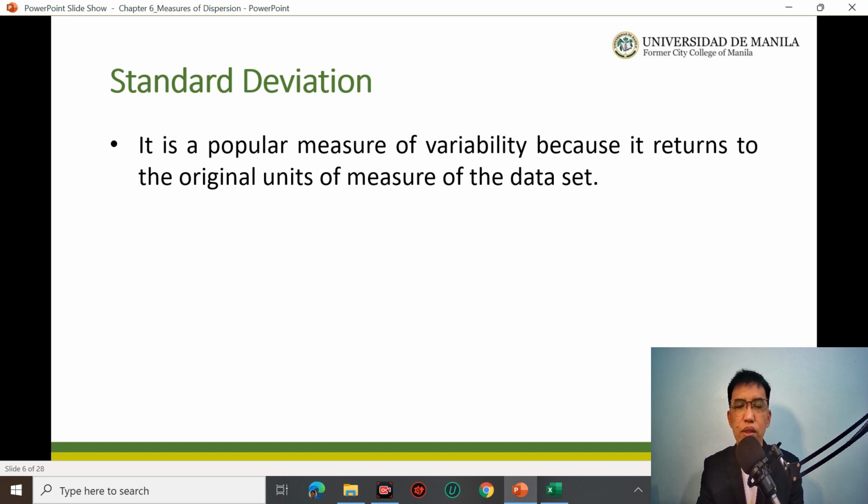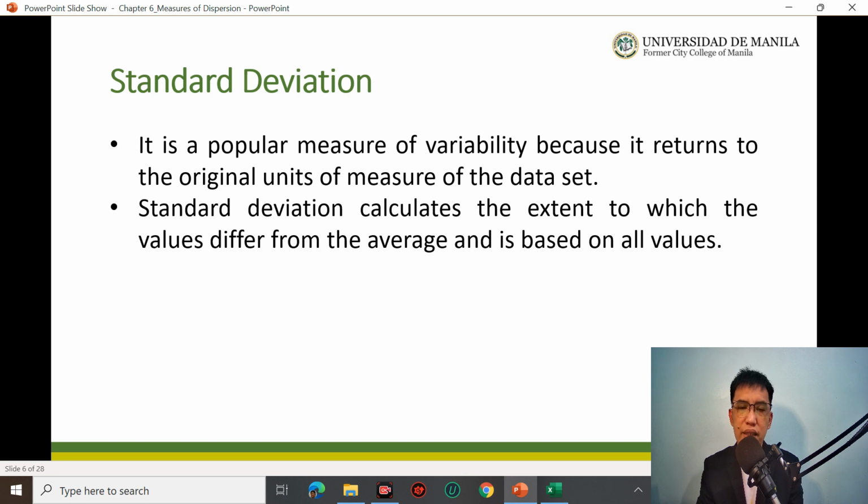We will be focusing our discussion only on the standard deviation because it's the most useful and the most popular measure of variability, because it returns to the original units of measure of the data set.